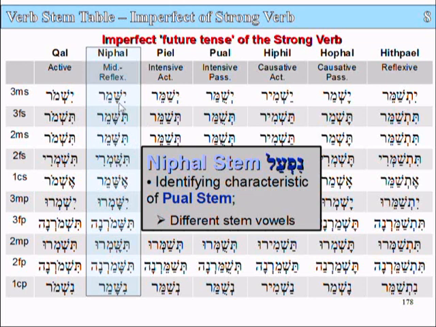You'll notice that we have a dagesh under the shin for a starter, and then underneath the shin we have a kamitz followed by a sire under the mem instead of a holom. So the nifal imperfect looks almost identical to the kal except for different vowels.